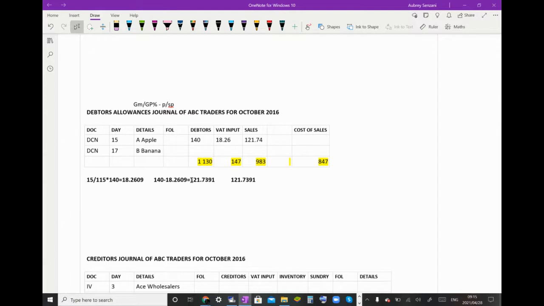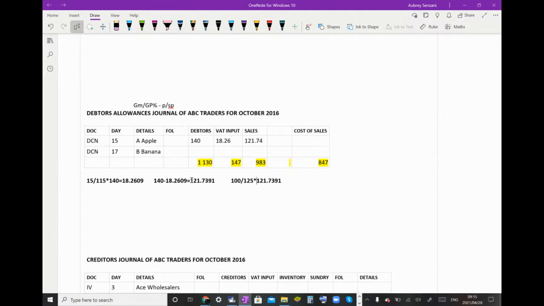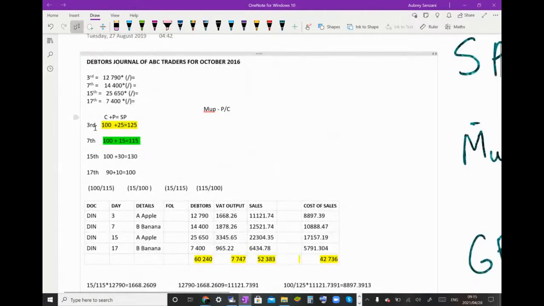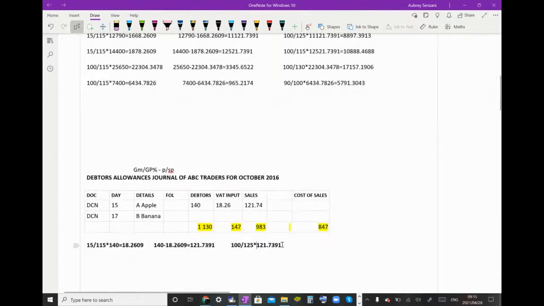So since it was markup, we know that cost is 100%, and we know that our selling price is then obviously 125. Okay, you can actually refer back to this point if you want to. All right, guys, I advise you do that because these calculations can get complicated or confusing. I think it's easy for you to slip up or confuse things quickly.